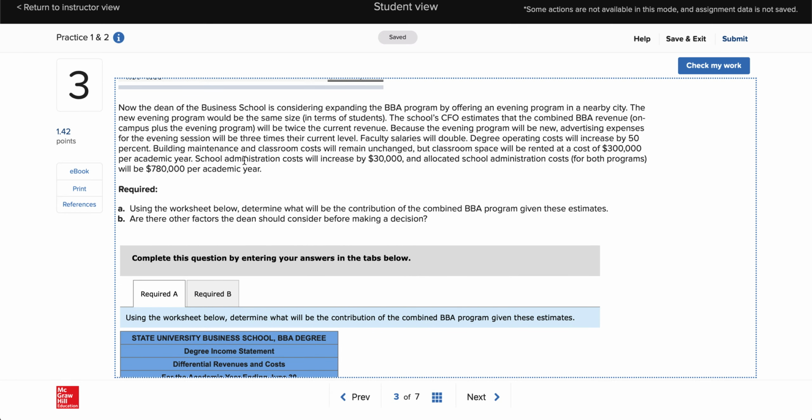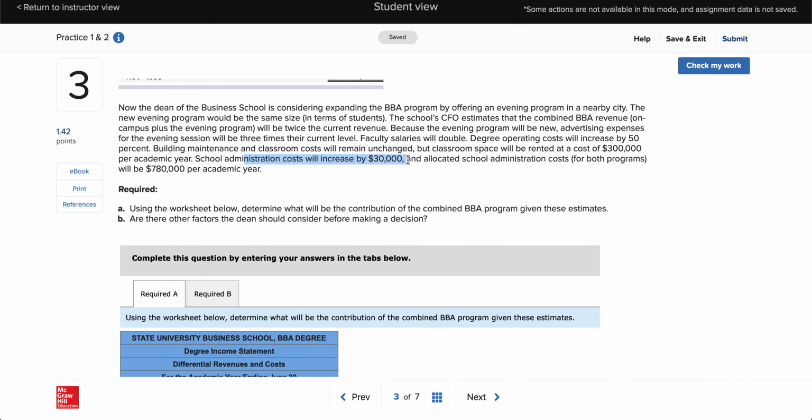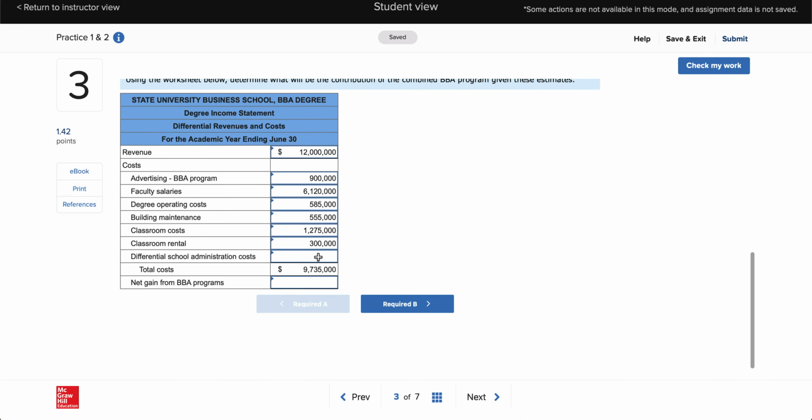They tell us here that it would increase by $30,000. And so we end up with $9,765,000 in total cost. We compare that to $12 million in revenues. The difference between those two numbers gives us $2,235,000 in net gain from the BBA programs. And that is the end of question 3.